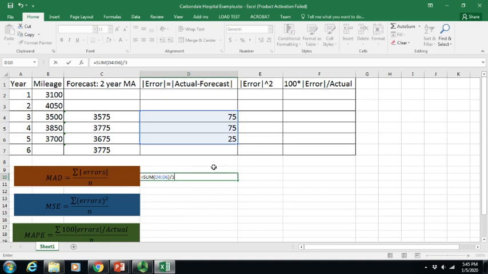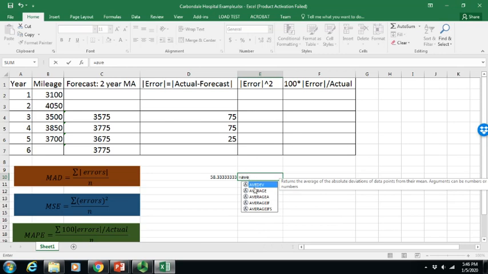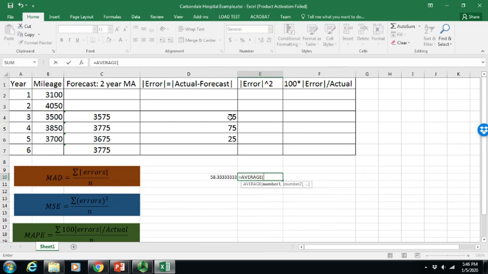We have 3 numbers, so this is the error, or sum divided by number of observations, which also means we are taking the average. You can do the same with the average of these 3 errors. You see, that's the same operation we did.